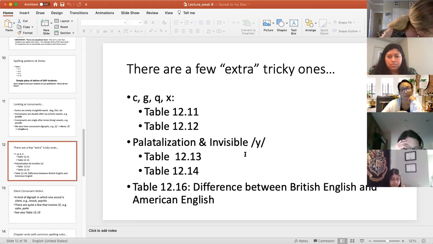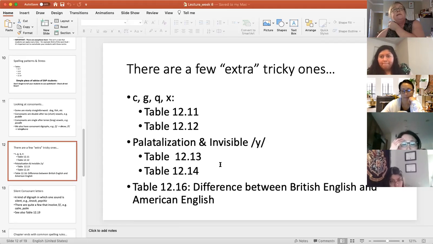Table 12.11 has the pronunciation of the k, so C before vowels, C before consonants, k. And then you've got g, and what typically happens with Q and with X. So that's tables 12.11 and 12.12.